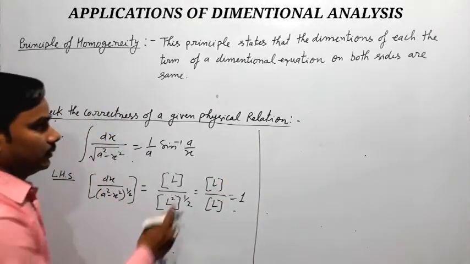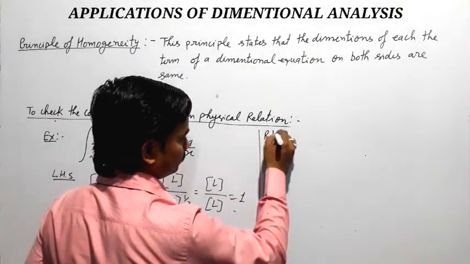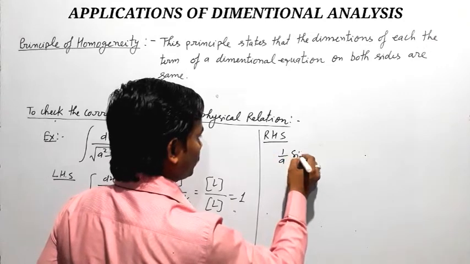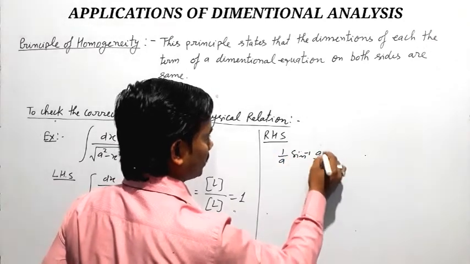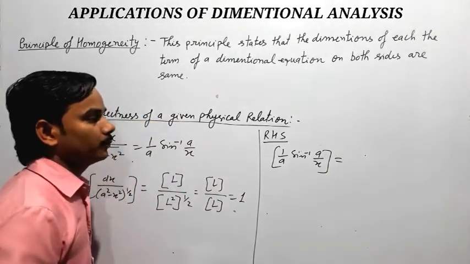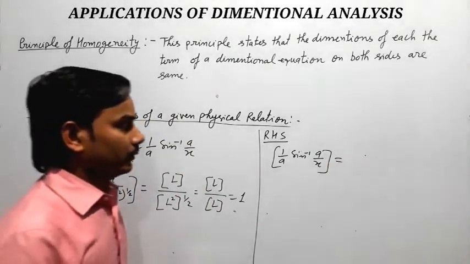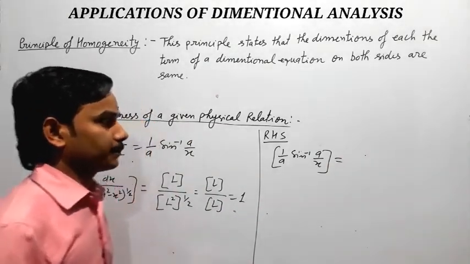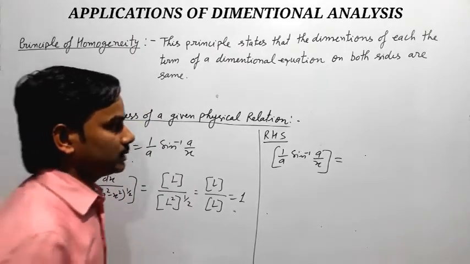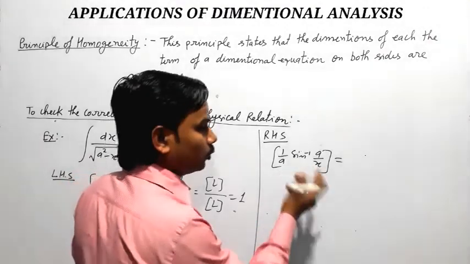Now for the RHS there is the term 1 upon a sine inverse a upon x. We will write the dimension of this term. Trigonometric functions and logarithms have no dimensions, or we can say angles have no dimensions.